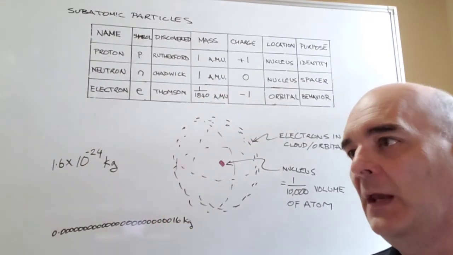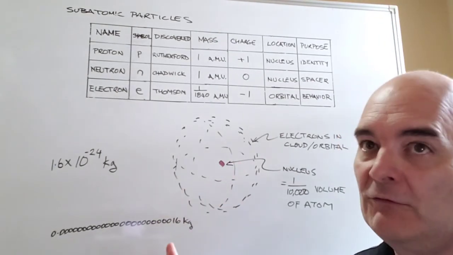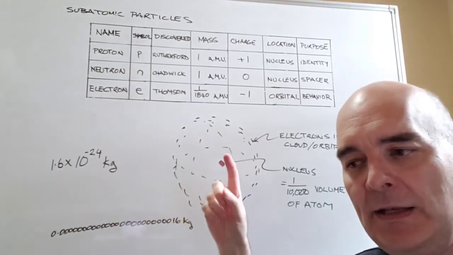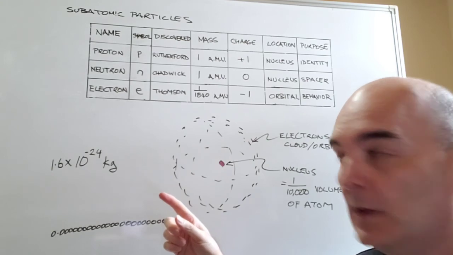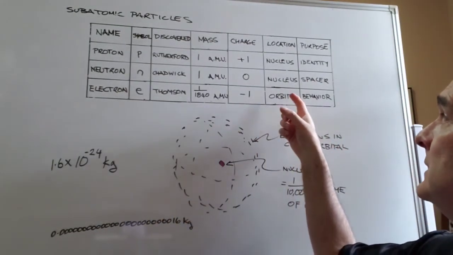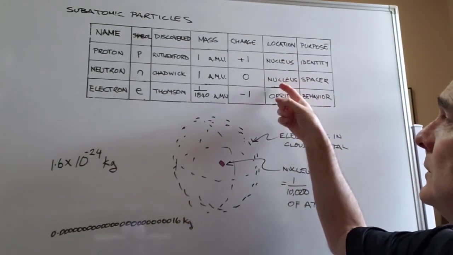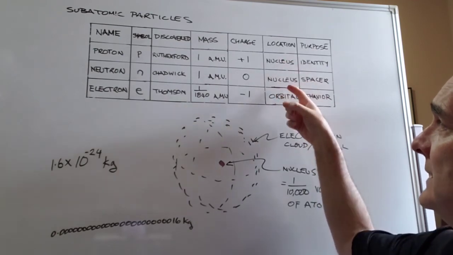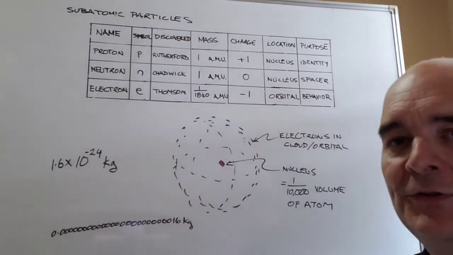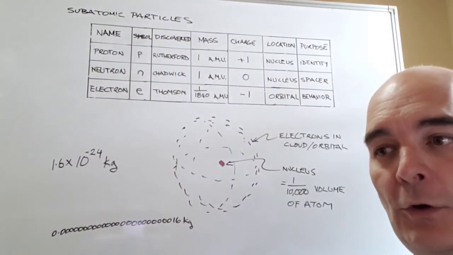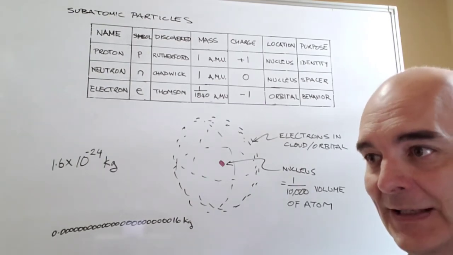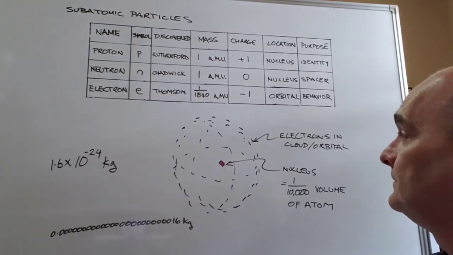And it turns out that the electrons are whizzing around right about the speed of light in these orbits. And so we say that protons and neutrons are located in the nucleus, and electrons are in a cloud or an orbital that is around the nucleus.